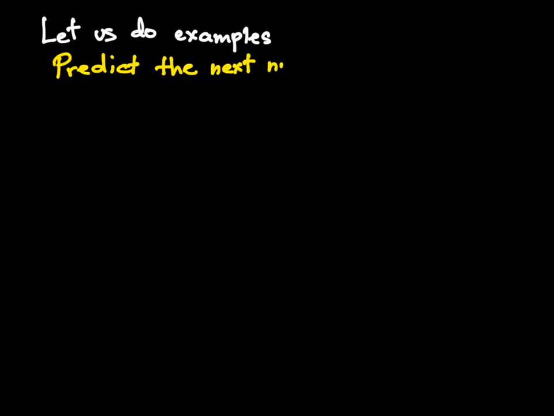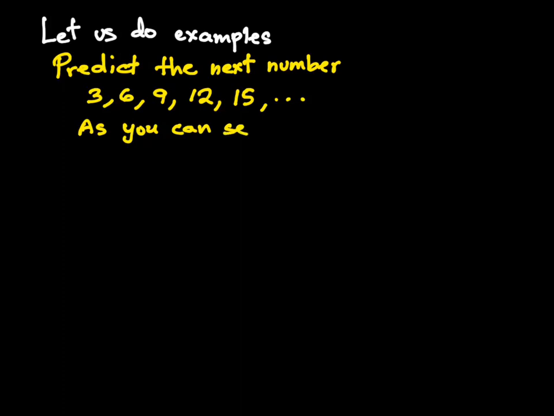Okay, so let us do some examples just to get a hang of what exactly happens when we need to use inductive reasoning. We're going to predict the next term in the following patterns. So here is a pattern: 3, 6, 9, 12, 15, and so on. Now you need to figure out what the next term is.